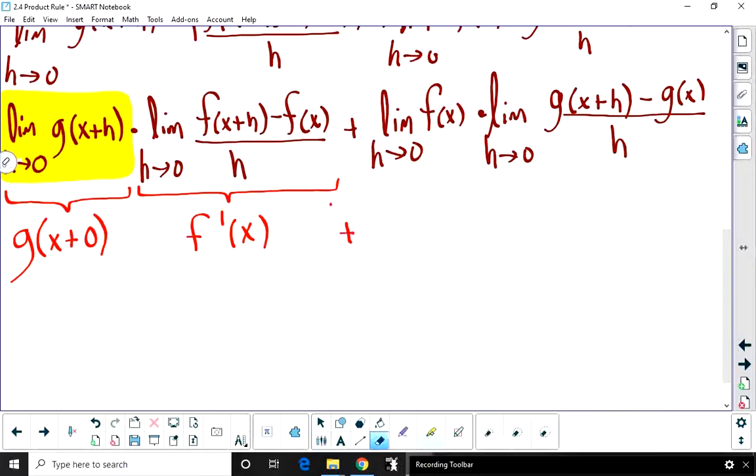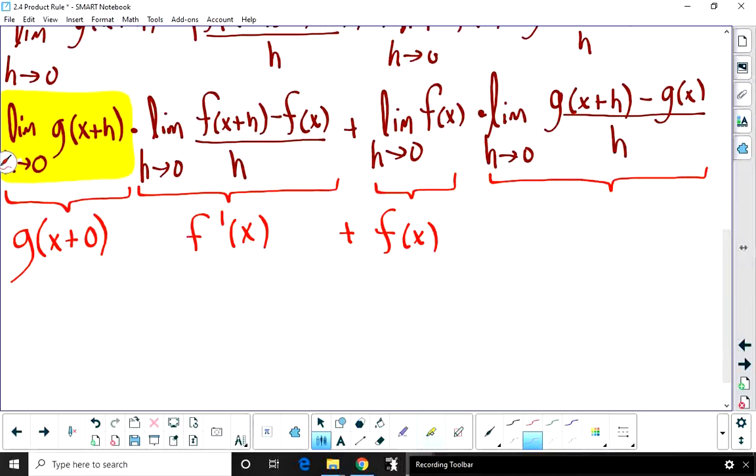Plus, and I think most of you can see where we're at here, this doesn't even depend on h. So if I put h equals 0 in, I get f of x. Right? It doesn't even depend on h. This, the limit as h approaches 0 of g of x plus h minus g of x all over h, is the derivative of g of x, which is called g prime of x.